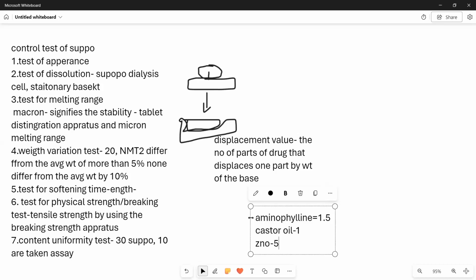These are different displacement values. Whenever we calculate the amount of drug or suppository base required for manufacturing suppositories, we have to consider the displacement value of the drug, and only then can we take the accurate amount of drug and suppository base. This has to be kept in mind, guys.